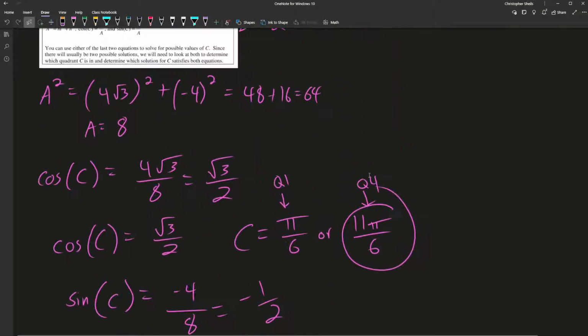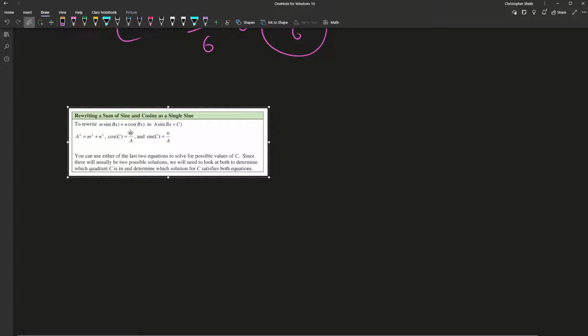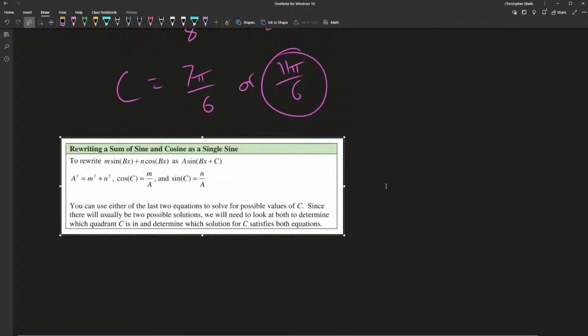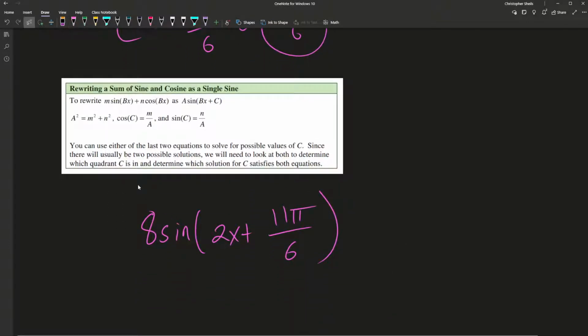So c is 11 pi over 6, b is 2, a is 8. And I can write this as a times sine of bx plus c. So a times sine of 2x plus 11 pi over 6. And this is our answer.